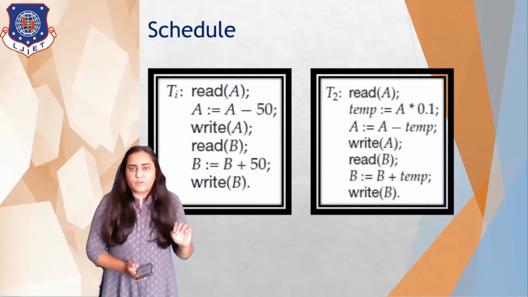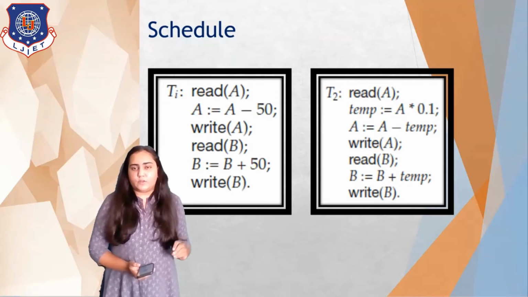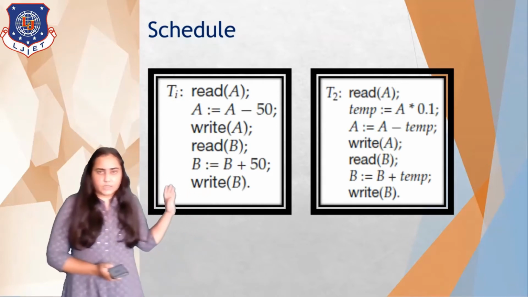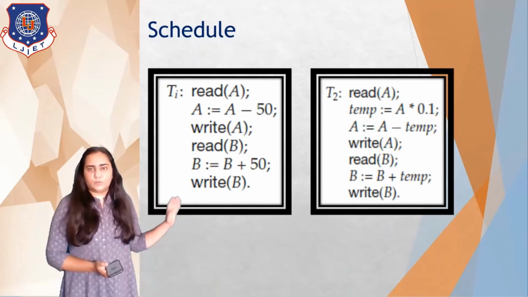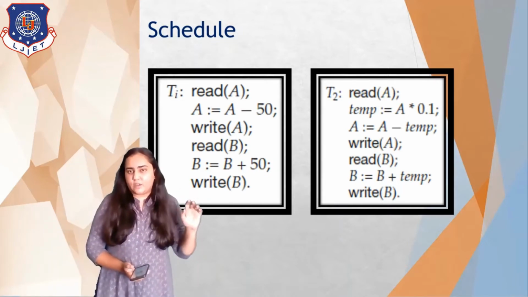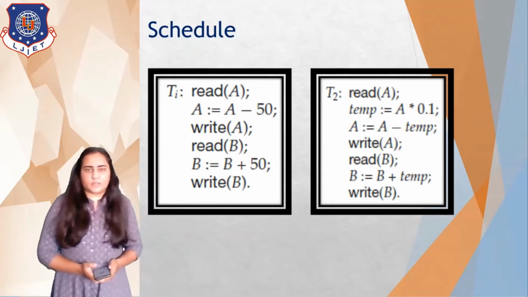And then this temp variable is subtracted from A, but it is also added into B. So once again, T1 is transferring 50 from A to B, and T2 is transferring 10% of A from A to B. So these are two transactions.